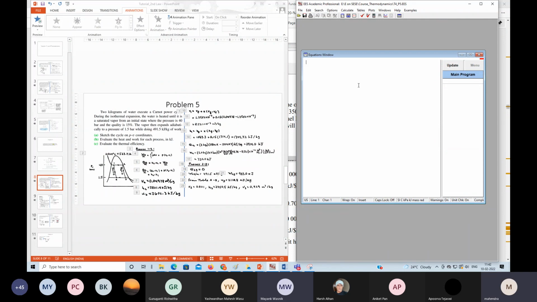So what all are given to you? P1 given. This problem actually, if you solve manually, it will take very long time. If you solve through EES, it is very easy for you. That is 40 bar, right? 40 multiplying by 100 because we need to represent over here in kilopascal.